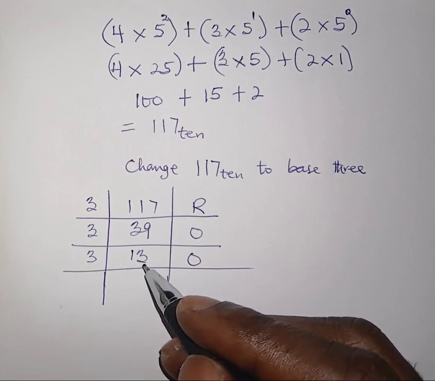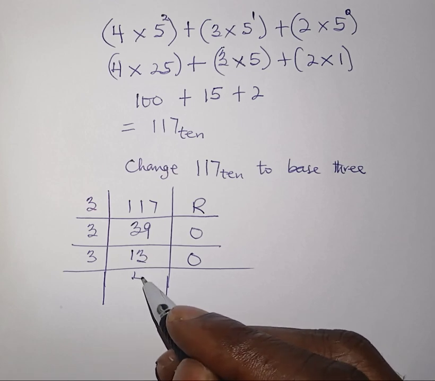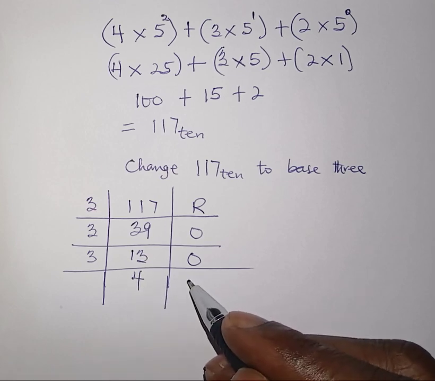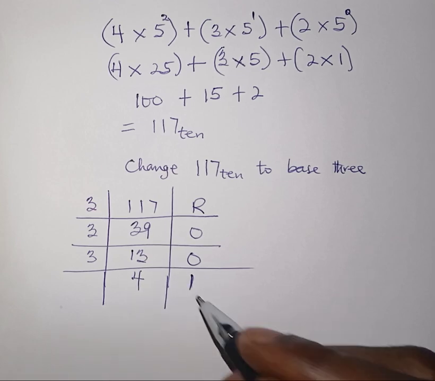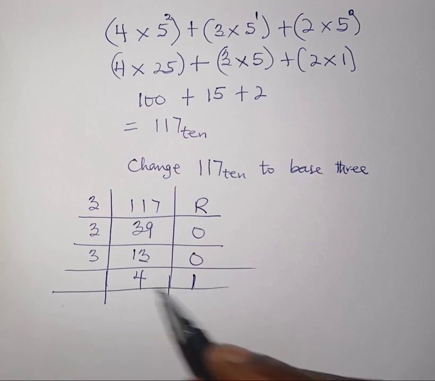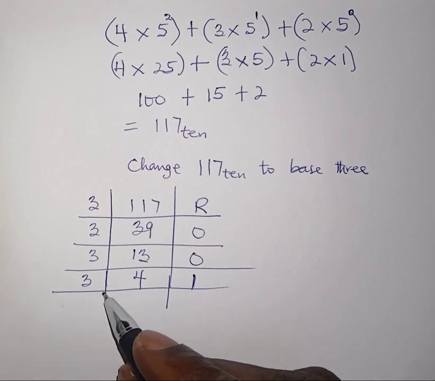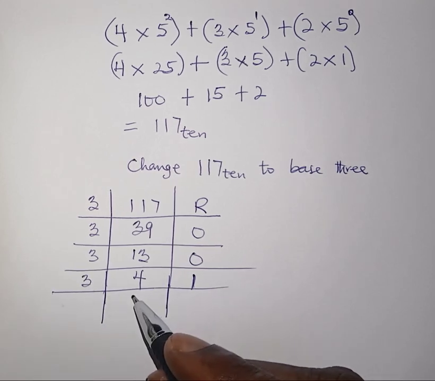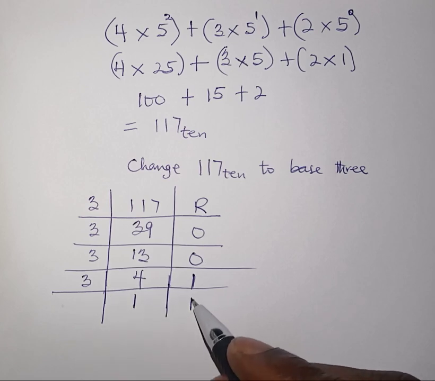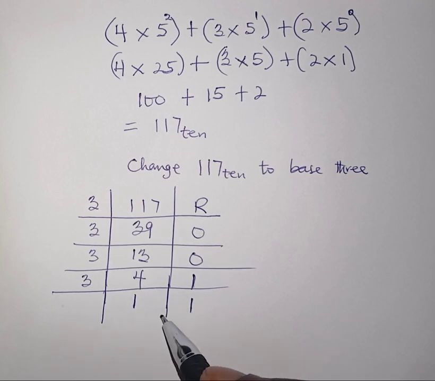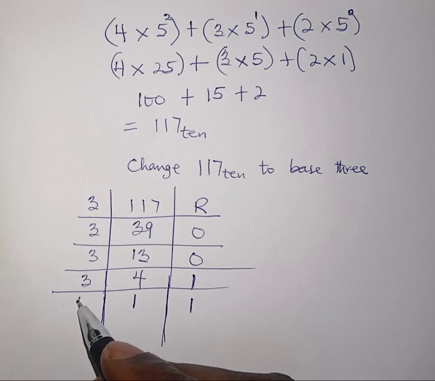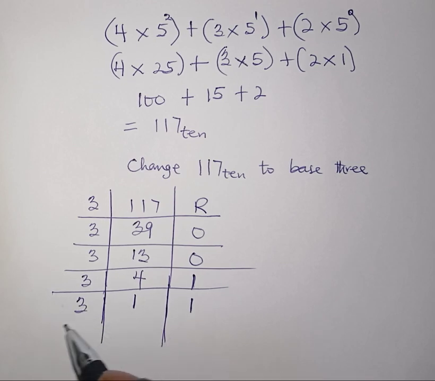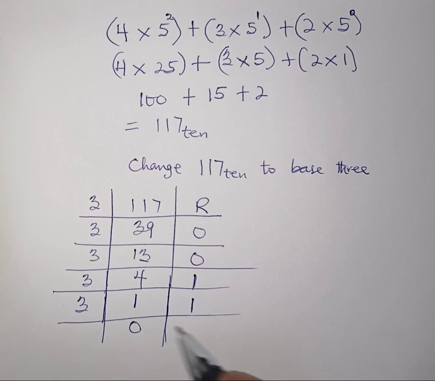So 3 divides 13 how many times? 4, remainder 1. We can still divide 4 by 3. So 3 divides 4 how many times? 1, remainder 1. Okay, great. Now we can't divide again. So even if 3 divides this one, it's going to be 0, and still remainder 1.